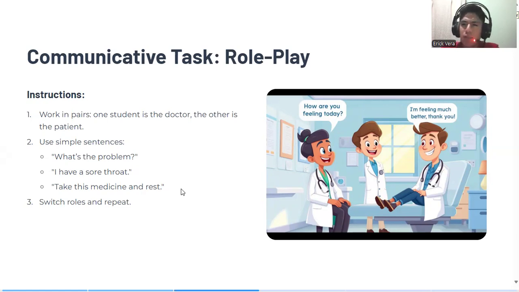What is the problem? the doctor says. And the patient answers, I have a sore throat. The doctor suggests, take this medicine and rest.